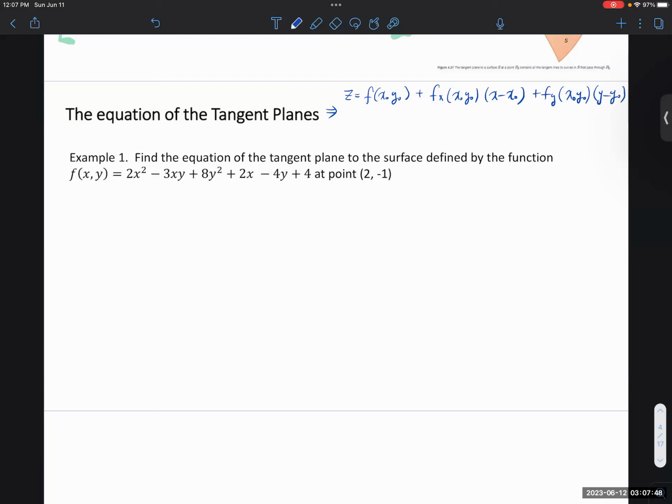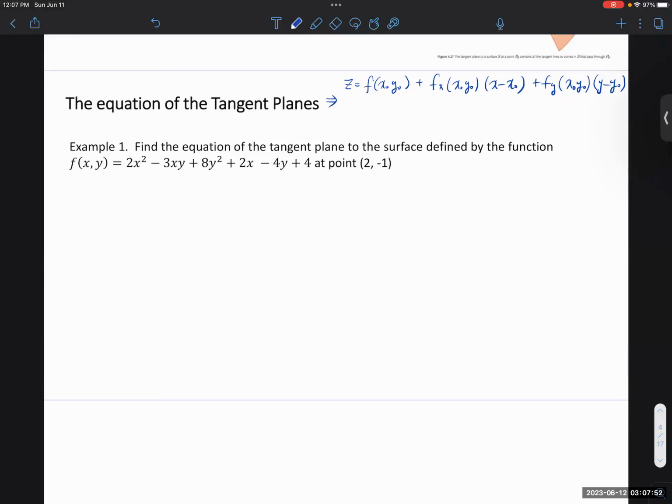This is the formula for the equation of the tangent plane. We have a given function f of x, y, of two variables, so let's find it step by step. They're looking for the tangent plane at the point 2, -1. So f at x0, y0 is something I want to find at 2, -1.